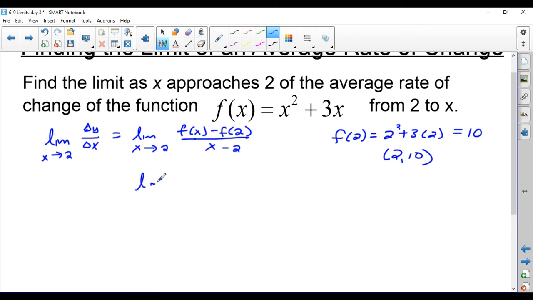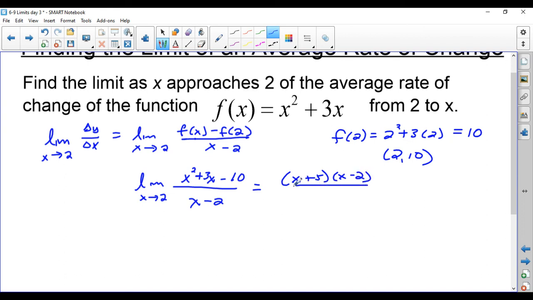I want to find the limit as x approaches 2 of the function minus the function value at 2, which is 10, over x minus 2. And if we factor this numerator, it's x plus 5 times x minus 2.